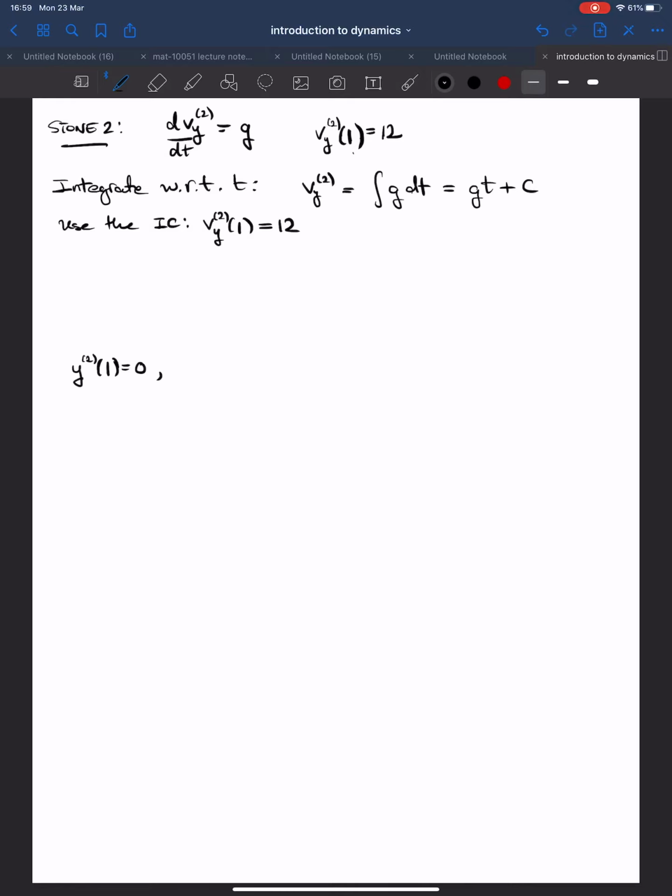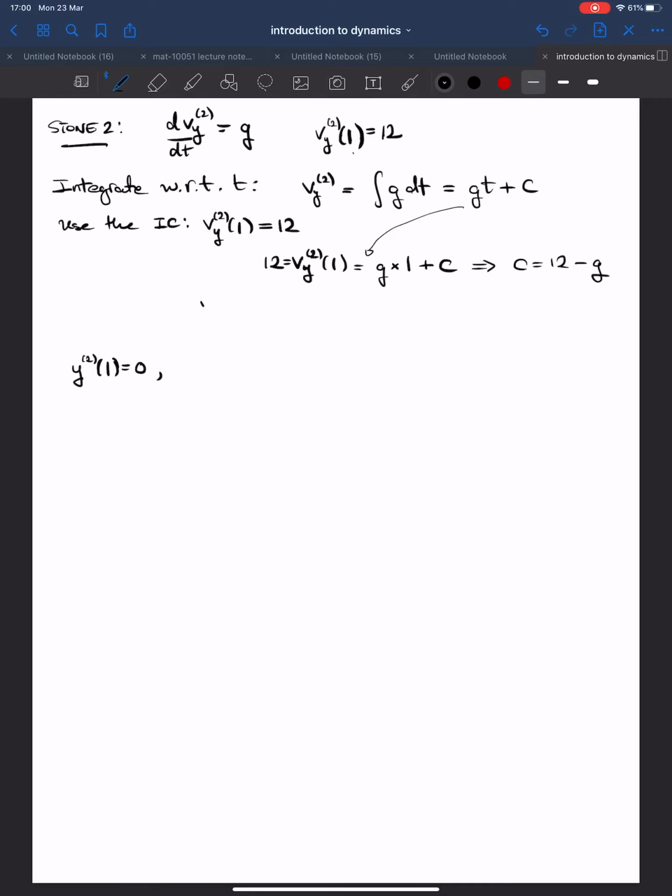So, what do we get? Well, we just have to sub in 1. So we have this on one side, because that's our condition. And then on the other side, we're using this expression. So we have g times 1, because we just substitute t equals 1, plus c. So this implies that c equals 12 minus g.